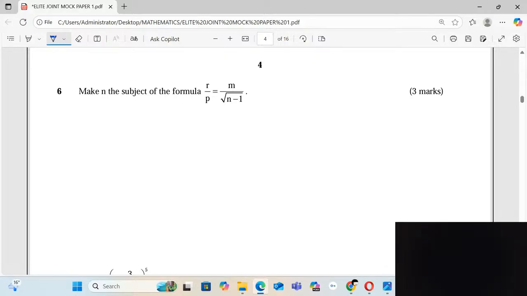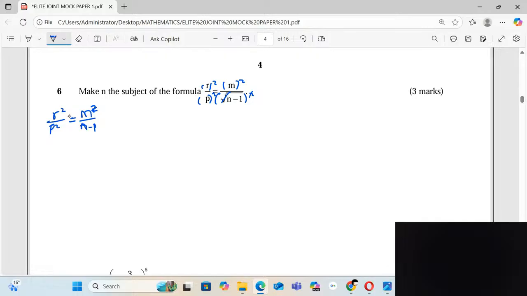So we square, and then we square here, so that the square root sign disappears and we remain with r squared over p squared is equal to m squared over n minus 1.